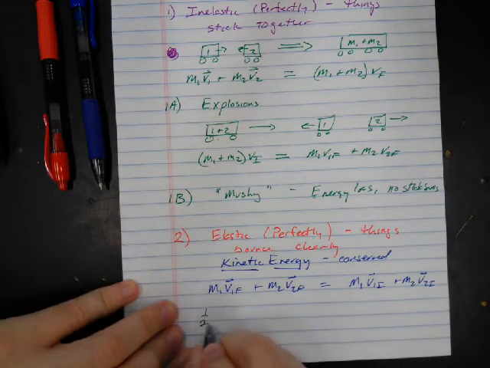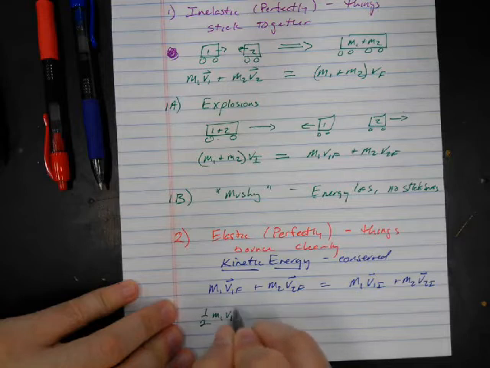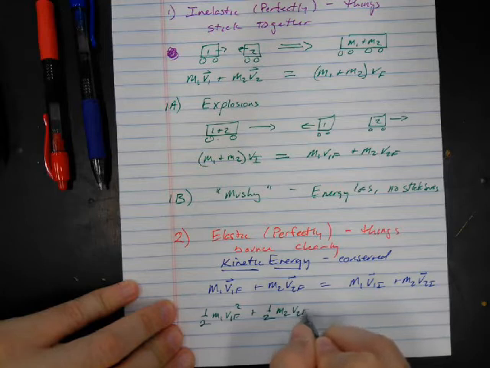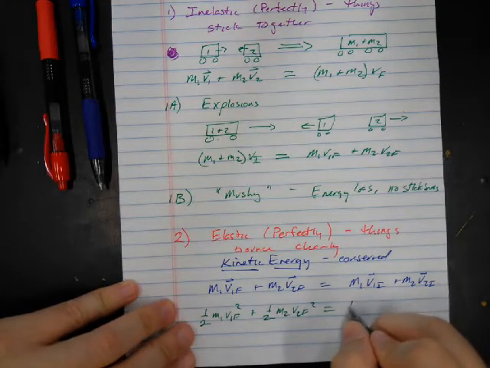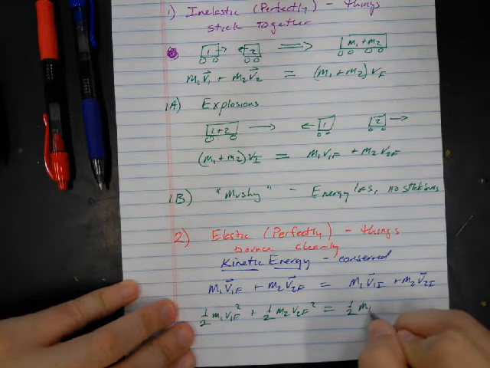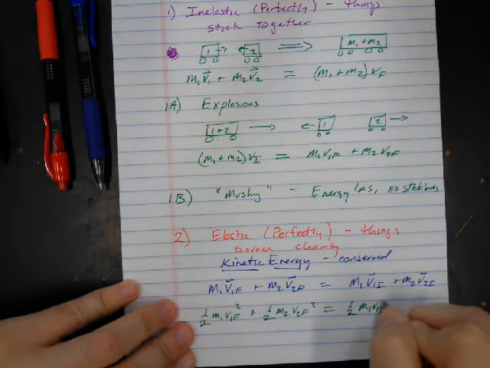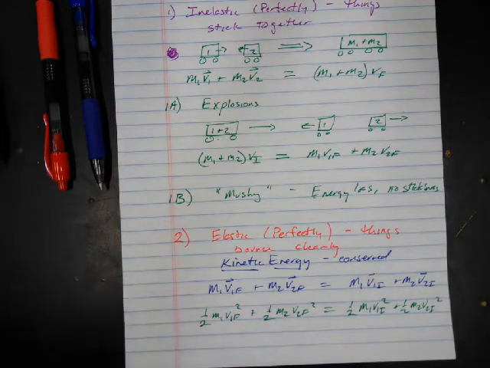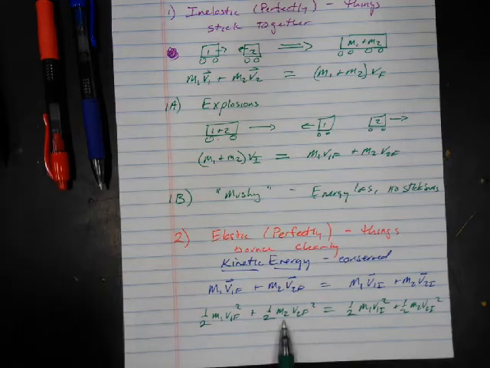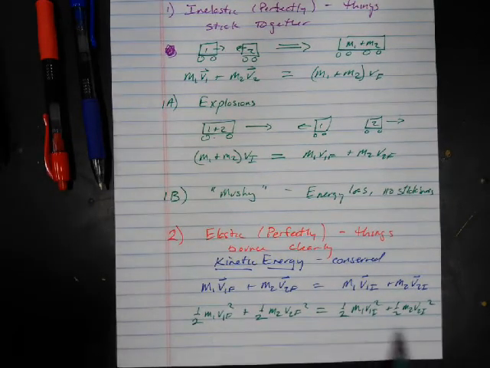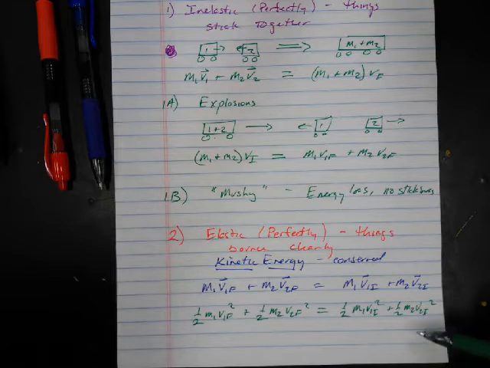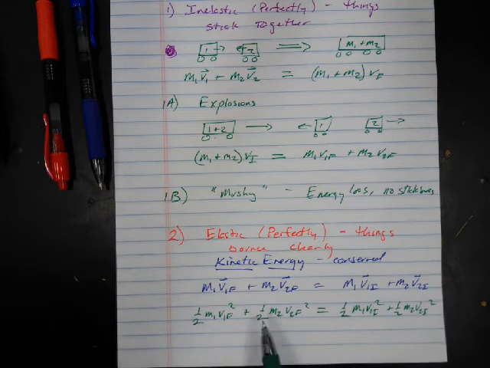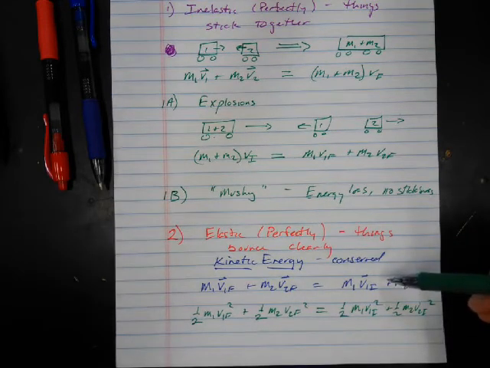So 1/2 M1 V1 final squared plus 1/2 M2 V2 final squared is 1/2 M1 V1 initial squared plus 1/2 M2 V2 initial squared. That's what I mean by kinetic energy is conserved, is whatever this sum is on the left side equals the sum on the right. So if it's a perfectly elastic collision, this is true. If it's a mushy collision, only the momentum equation is true.